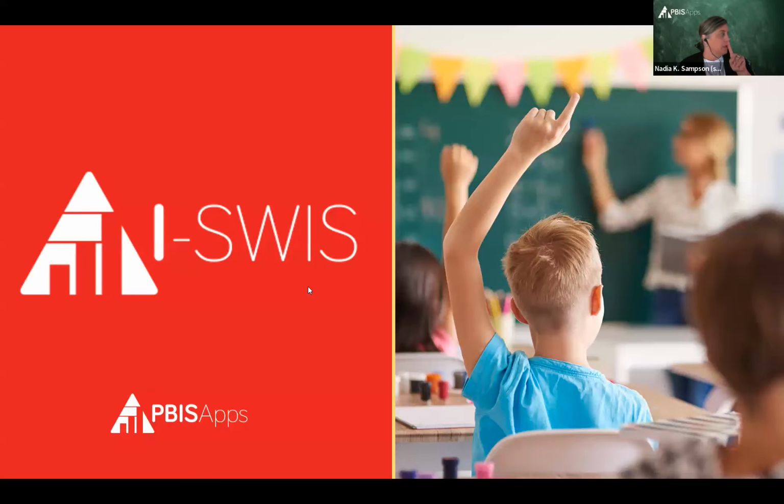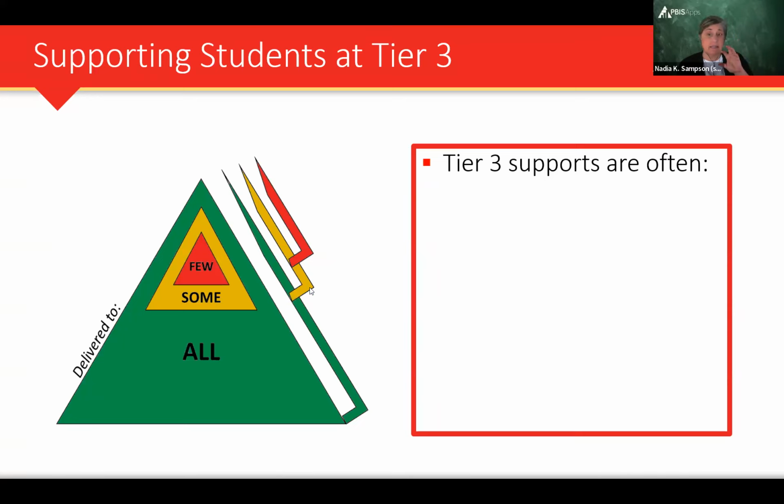Okay. So iSwiss, as I said, very individualized. It's really for students who need a higher level of support. You can measure just about anything with this. You can measure the number of times Danielle's been tapping her pencil. How many times did she raise her hand and ask a question?